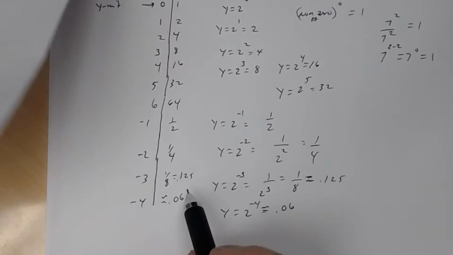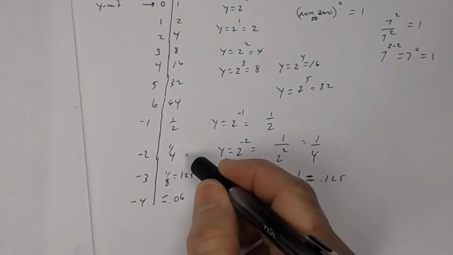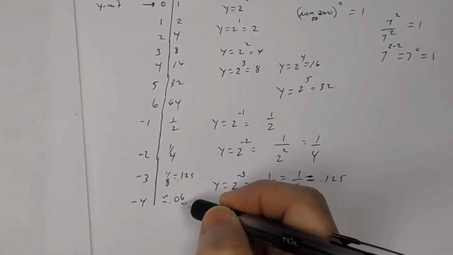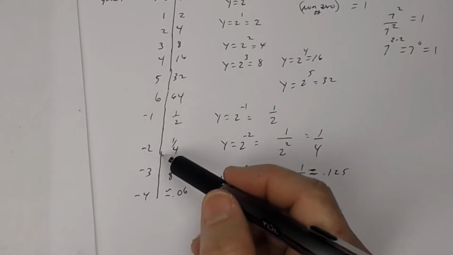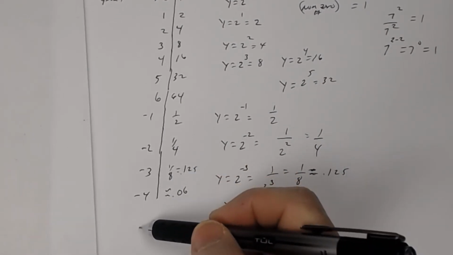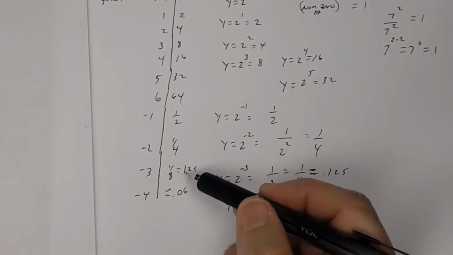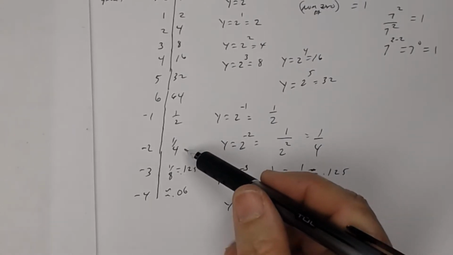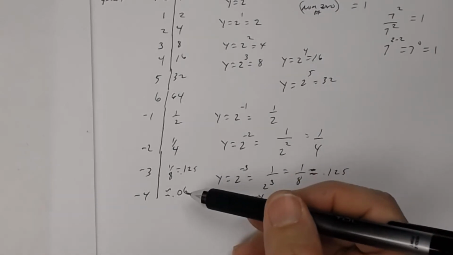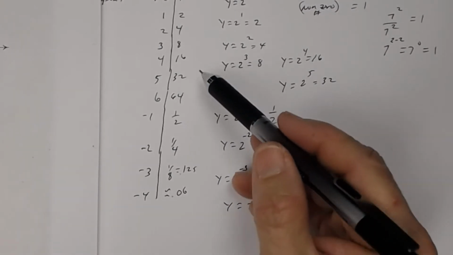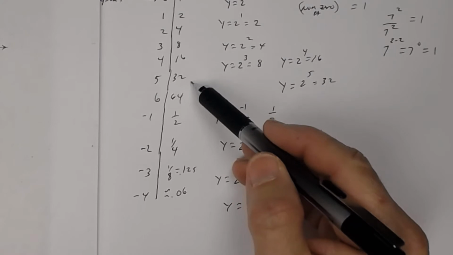Notice that this is 0.25, this is 0.125, this is 0.06. As my x values become more negative, my y values are getting smaller and smaller. See how I was multiplying by 2 over here?